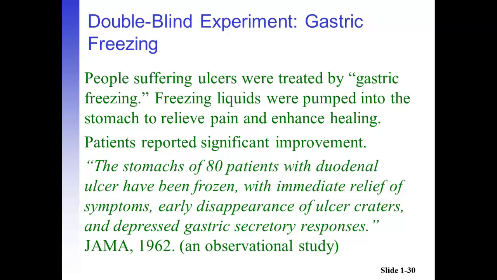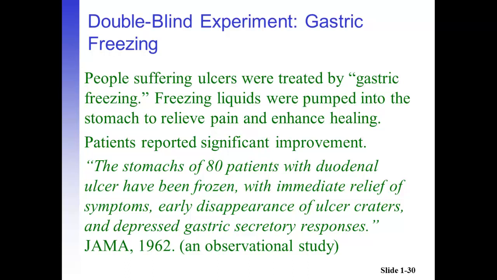In this treatment, people who were suffering from ulcers were treated by what was called gastric freezing. Gastric freezing meant that freezing liquids were pumped into the stomach of the person with the ulcer to relieve pain and enhance healing.